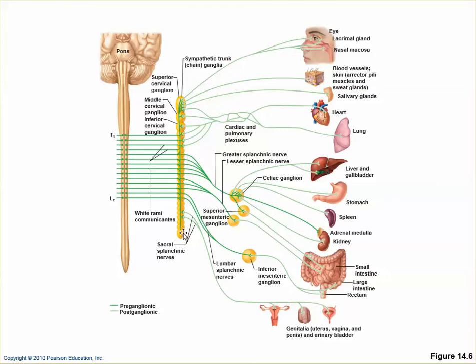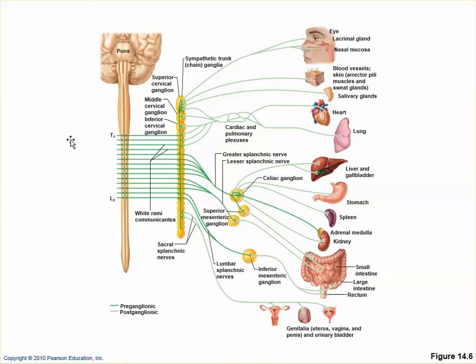Some of them go down, some of them go up, etc. So you'll notice that there are ganglion even up in the cervical region, although the preganglionic don't start in the cervical region, they start in the thoracic region.